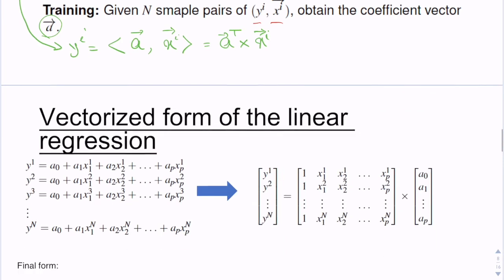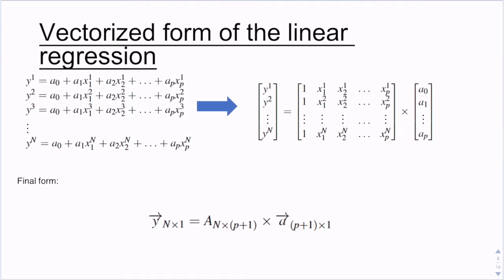So let's take a look at how we can find the coefficients of a regression model having n samples, what the input and output relation looks like, and, if we want a compact form in terms of matrix multiplications, what that compact form looks like.